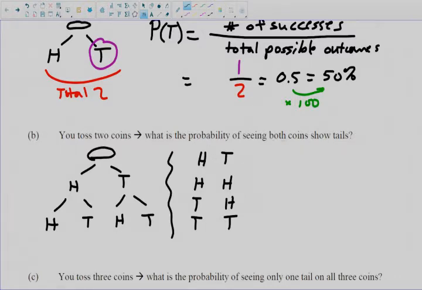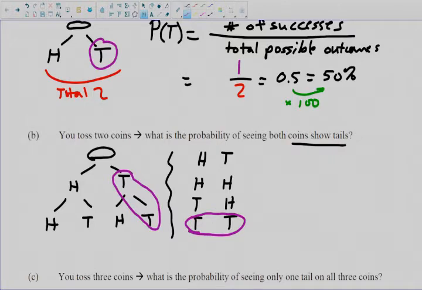So it's asking, what is the possibility of seeing both coins show tails? Well, in the tree, that would be down this branch here. In the table, this would be that branch. Okay, so that is one possibility.